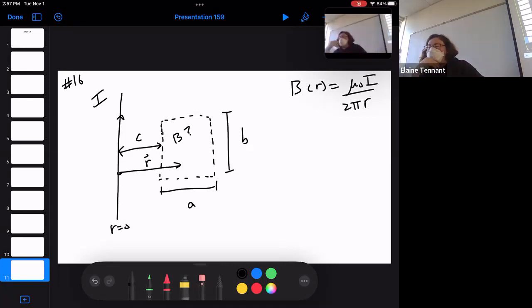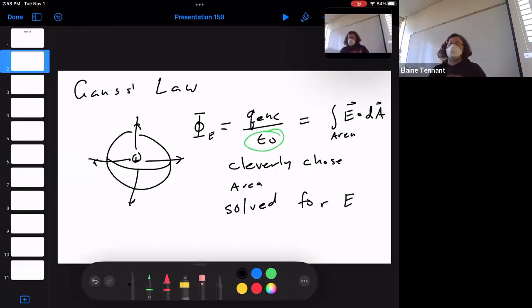And then the reason I wanted to do this one is the next thing it asks for is a magnetic flux. And we haven't dealt with that yet. And next chapter, it's going to become very important. So I would definitely like to introduce this concept. It will be really similar to electric flux, where if I needed to talk about the electric flux through some surface, I would take the electric field and dot it with the area.